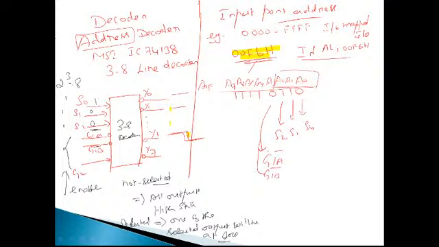That means both of them can be connected together and this can be connected to A3, right? So A0, A1, A2 and A3 of the processor can be connected to this G1A bar and G1B bar, so that when the processor address is 00F6, because A3 is equal to 0, this condition is met.